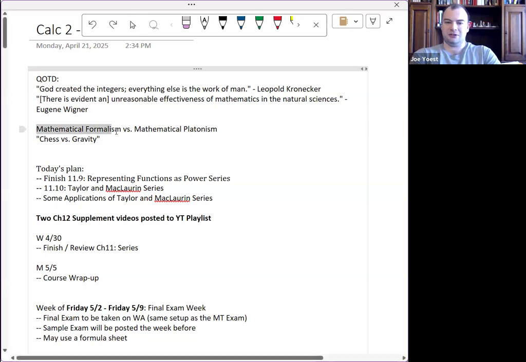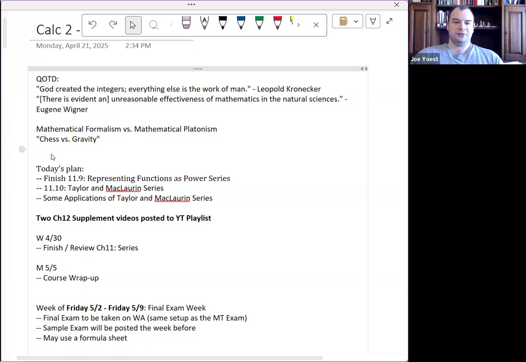I tend to land more on the side of mathematical formalism, that we basically create mathematics, and the reason it does such a good job of modeling the natural world is because if you have 10 mathematical ideas and one of them helps you build bridges and make antibiotics and medicine, and the other nine are some very abstract things in number theory, well, you're going to get paid a lot better if you pursue the one where you can build bridges or cars or watches or things that people want.